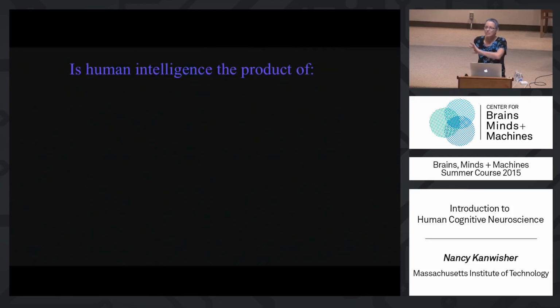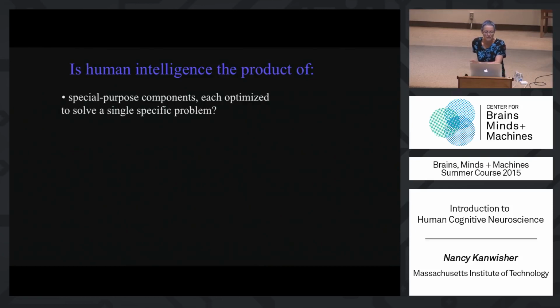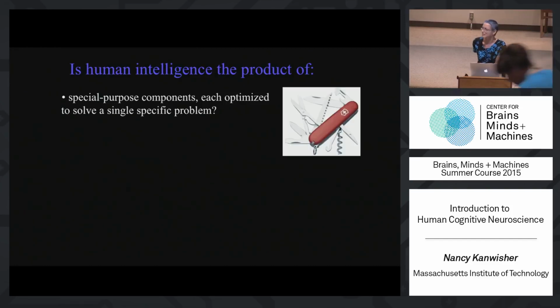Okay, so at the most general level, we can ask whether human intelligence, as people have been asking for centuries actually, is the product of a bunch of very special purpose components, each optimized to solve a specific problem, kind of like this device here, where you have a saw for cutting wood, scissors for cutting paper.